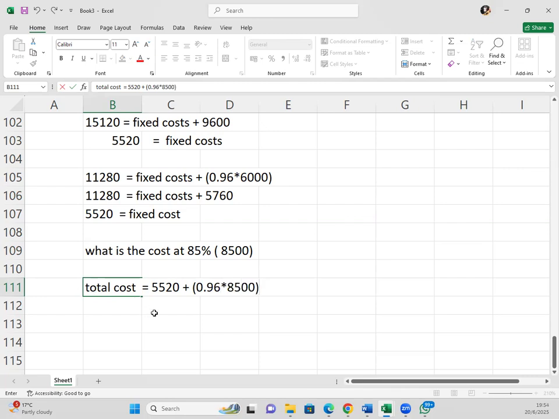So what's the total cost? You quickly work that out. Say 10,680.